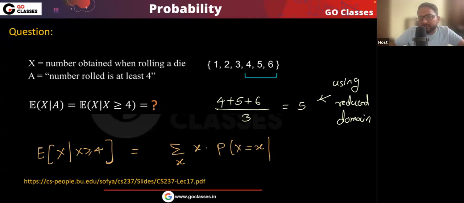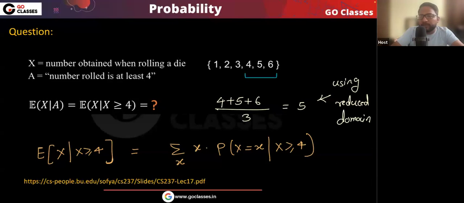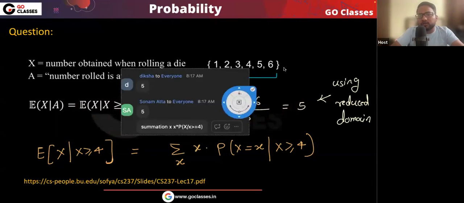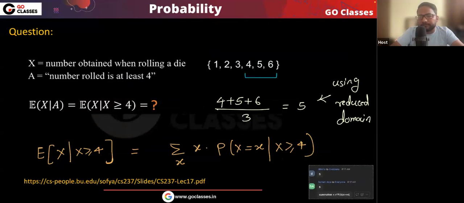The only difference is that here you will be writing X greater than or equal to 4. Sonam has also written the same formula. Now, using this formula, can you try to solve this particular question? We have solved it using the reduced domain, but now I'm asking you to solve the same question using this formula.